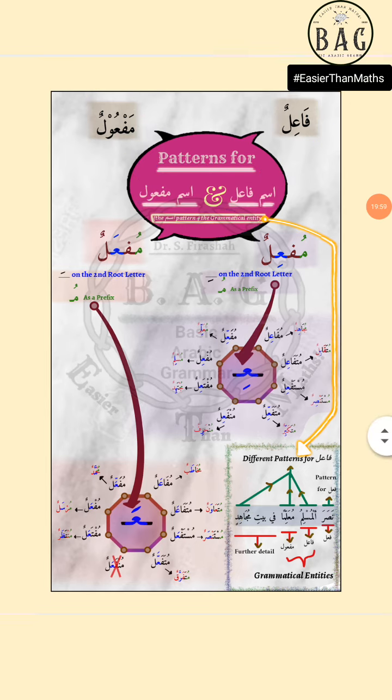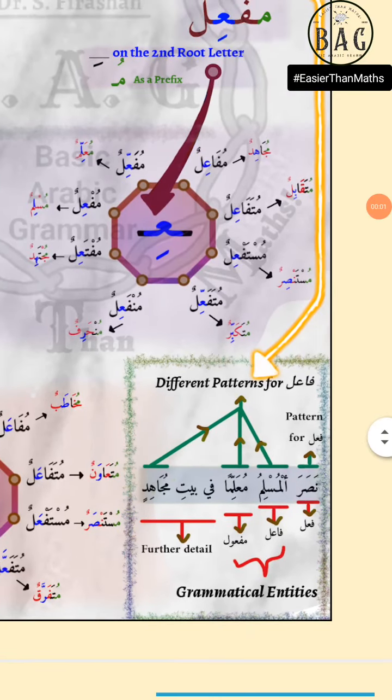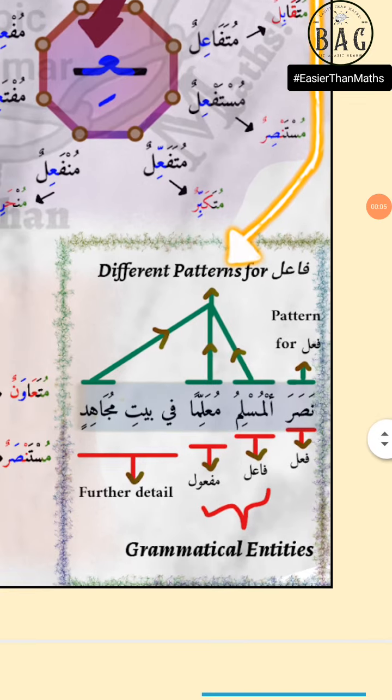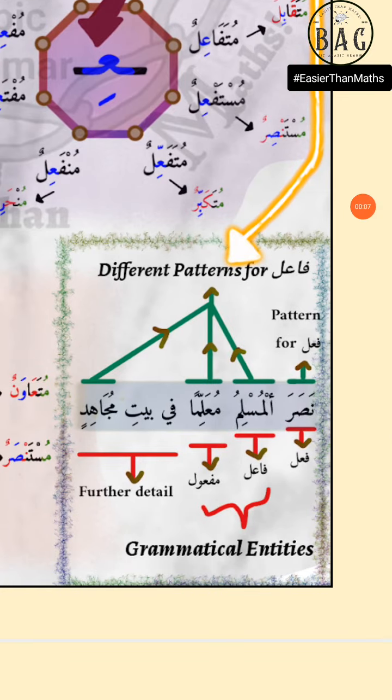Now, all right, this little box over here simply summarizes the difference between fa'il and ism fa'il. Similarly, the differences between maf'ul and ism maf'ul. Okay, so the green ones, you have the sentence over here, Nasar al Muslimu mu'alliman fi baiti mujahidin.